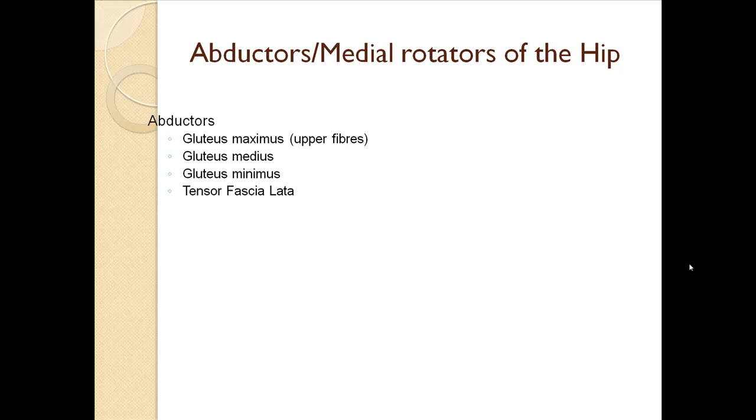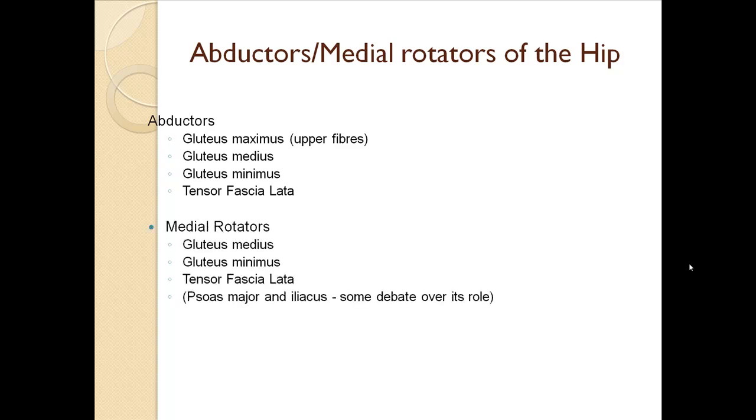Muscles producing abduction at the hip are the upper fibers of gluteus maximus, but more importantly, gluteus medius, gluteus minimus, and tensor fasciae lata. The muscles producing medial rotation at the hip are gluteus medius, minimus, and tensor fasciae lata again.